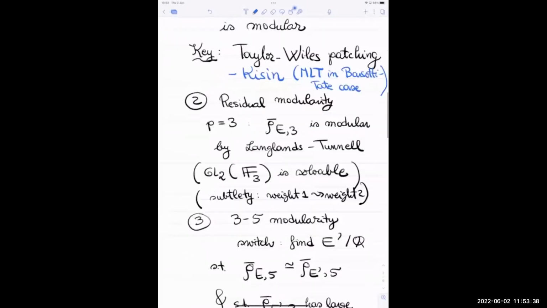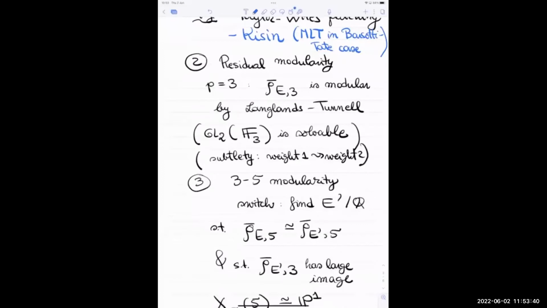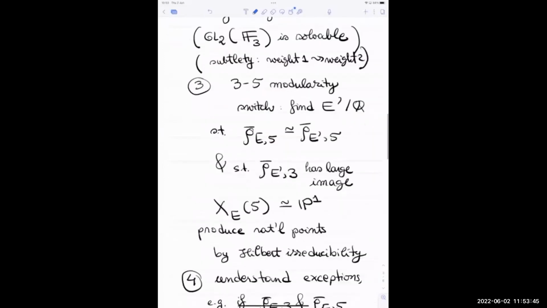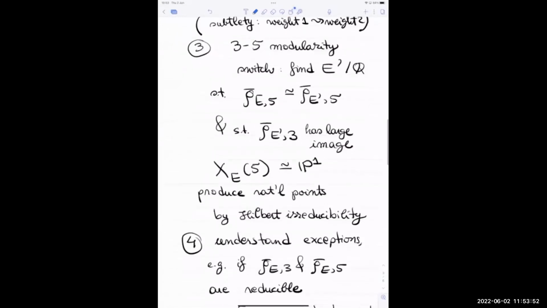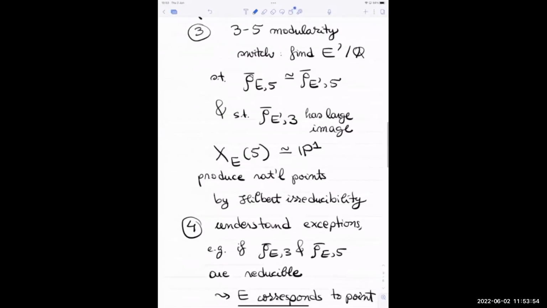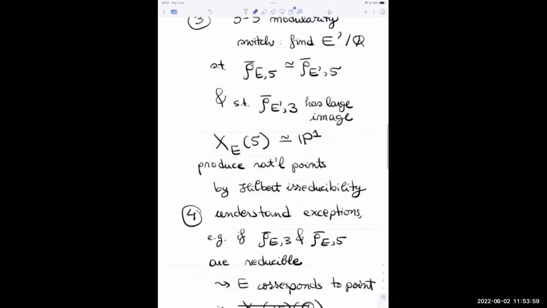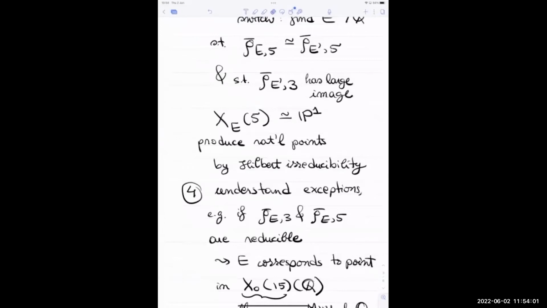Okay, then another thing, so one can still prove residual modularity using the Langlands-Tunnell theorem. But in order to handle all the cases, it's not enough to just do the 3-5 modularity switch. That's because a lot of exceptions are going to be parameterized by the base change of this curve to your real quadratic field.